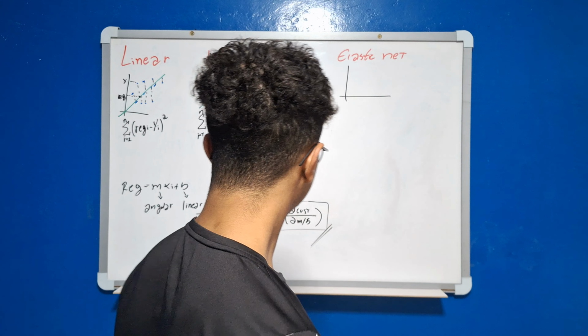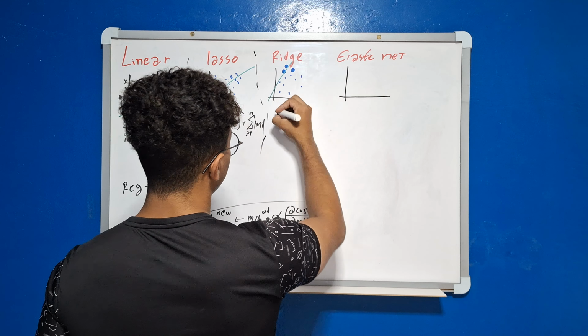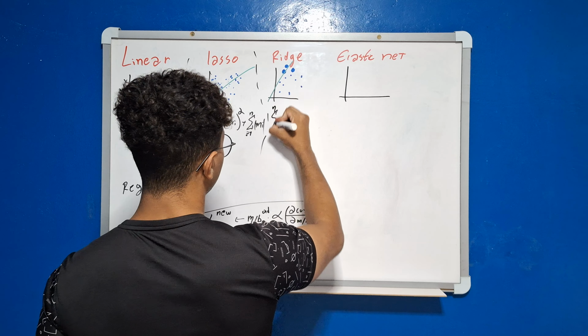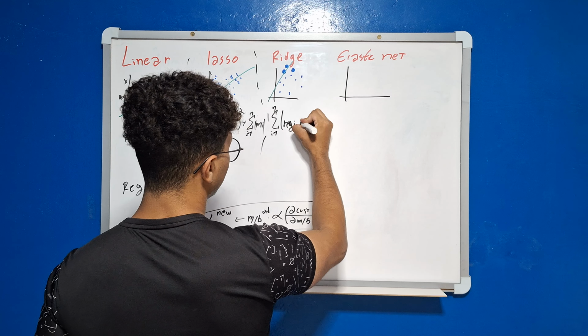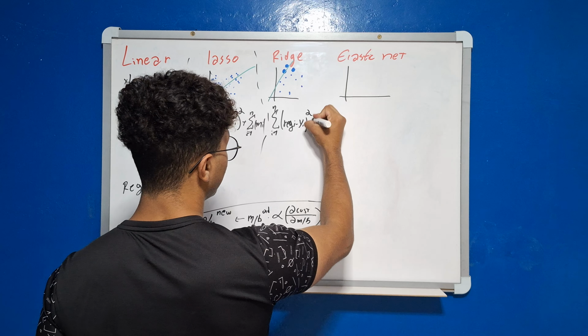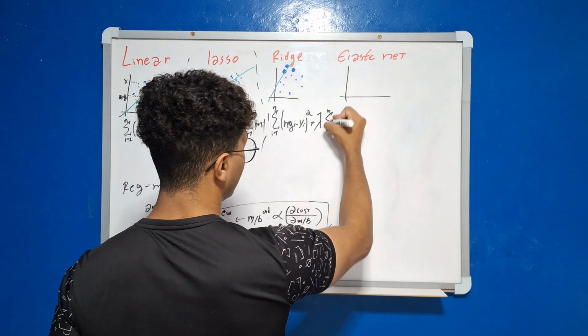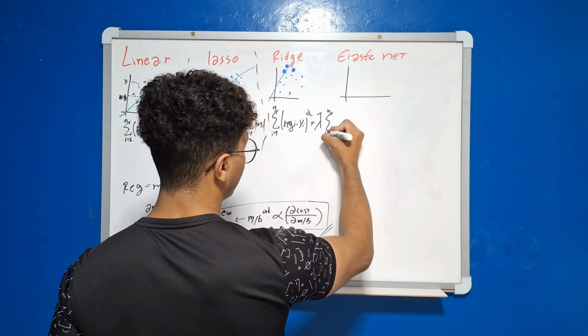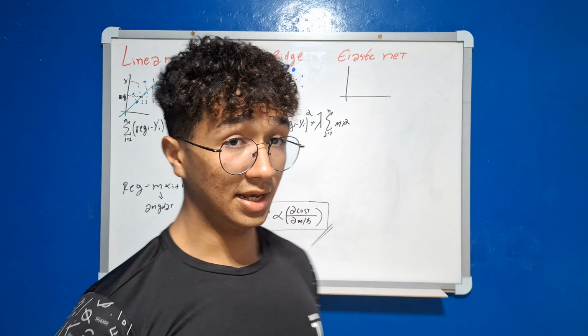So the formula is the cost function, the same cost function here, prediction minus yi, squared, plus the lambda times the quadratic coefficients, okay?